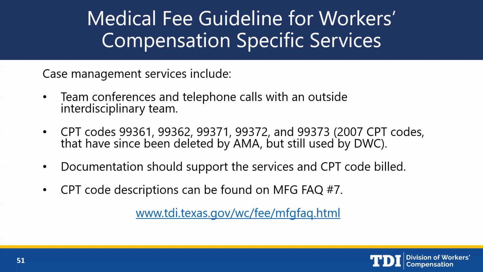Remember, I showed you how to get there on our website. If you go to M in the workers' comp A through Z, M is medical fee guideline. You would just scroll down to the FAQs and go to question number 7. And there is a link on our slide here. So you can find out what 99361, 62, 71, 72, and 73 are, and see if your doctor's providing that.